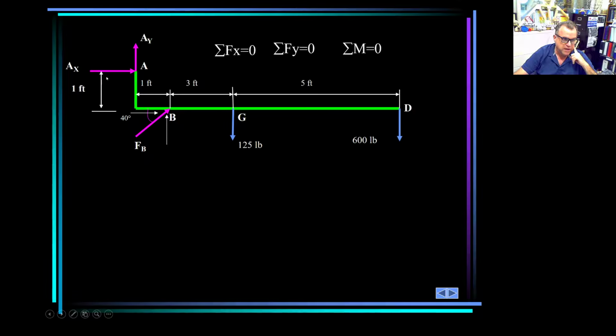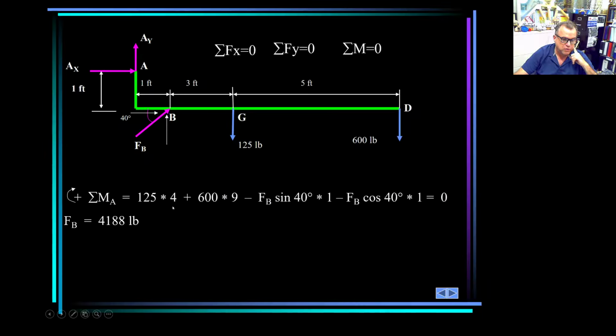This one is multiplied by the vertical, this one is multiplied by the horizontal, and it's going to be in the other direction also, so negative, equals 0, and your equation will look like something like this. Once you have that, you solve for FB and you calculate FB. Only one unknown.